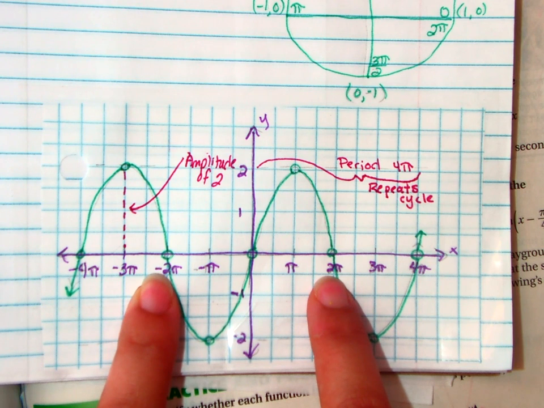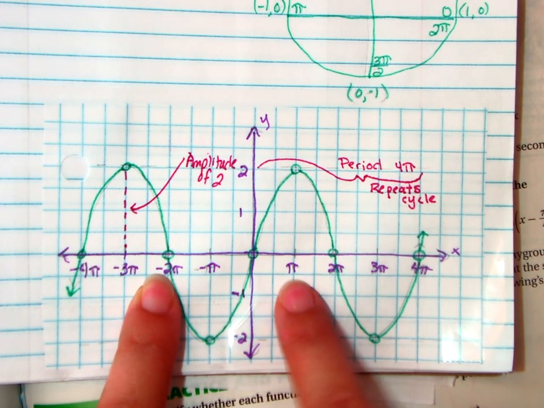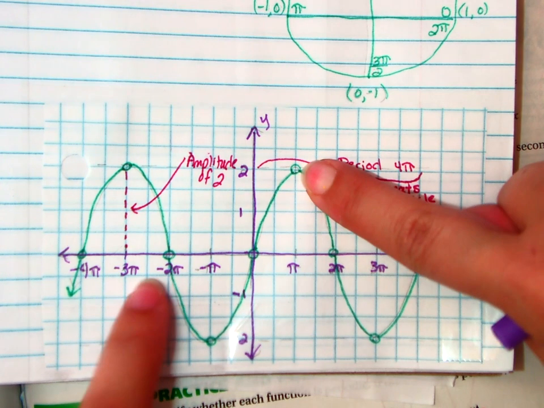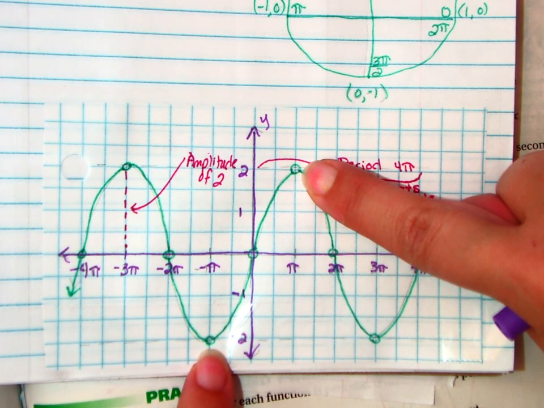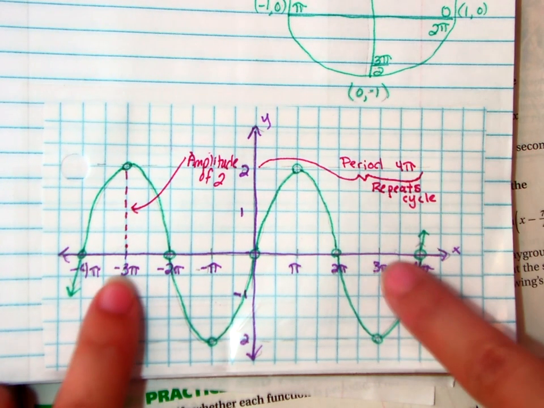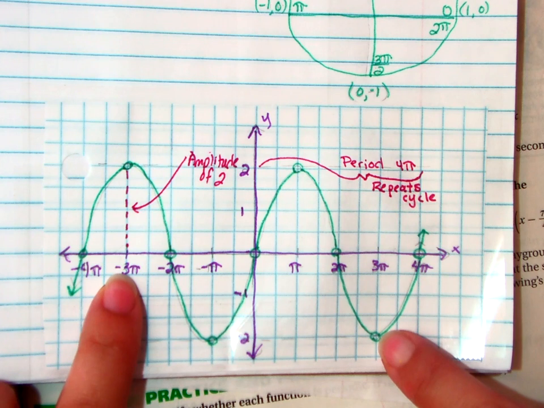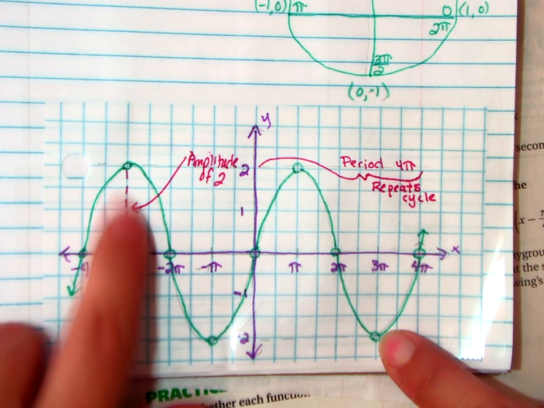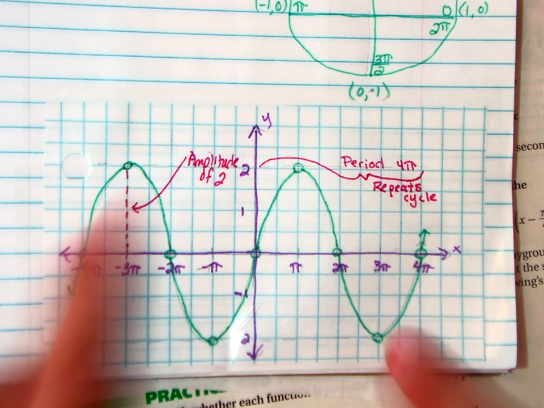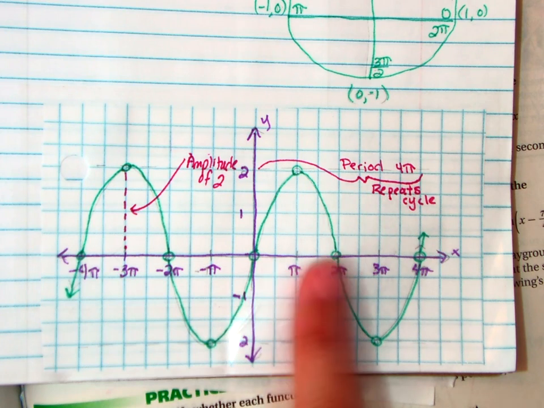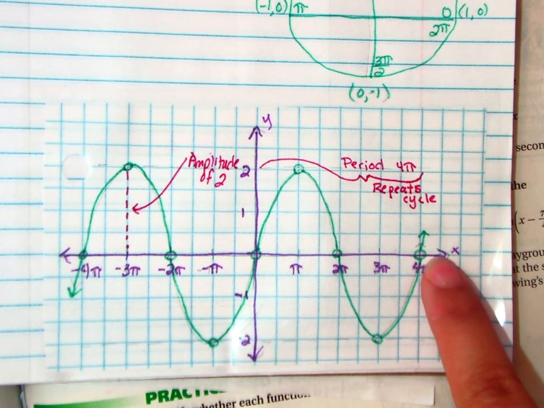Well, negative 0 is still 0. If I found pi to be 2, well, negative pi is going to be negative 2. If I found 3 pi is negative 2, negative 3 pi is going to be positive 2. So I just found these points after I plotted this side.